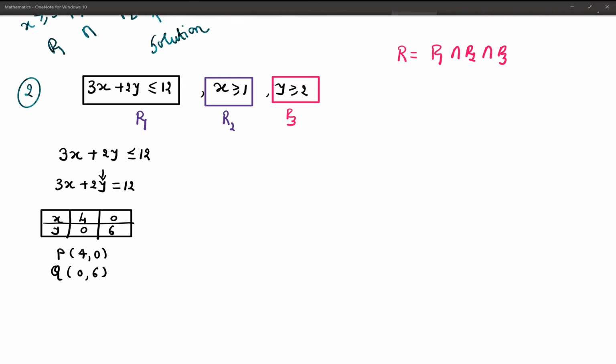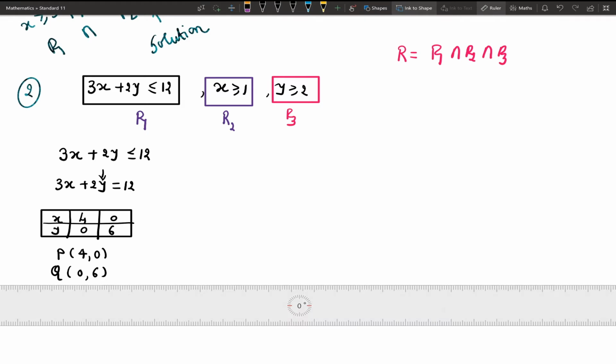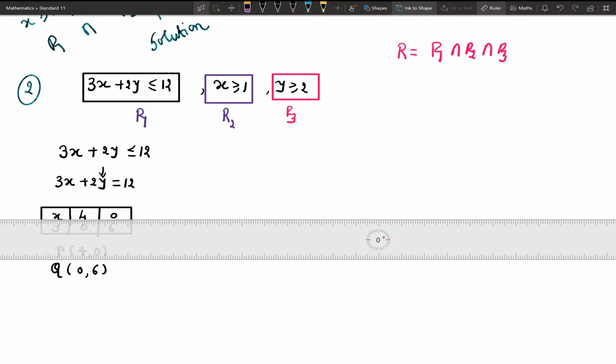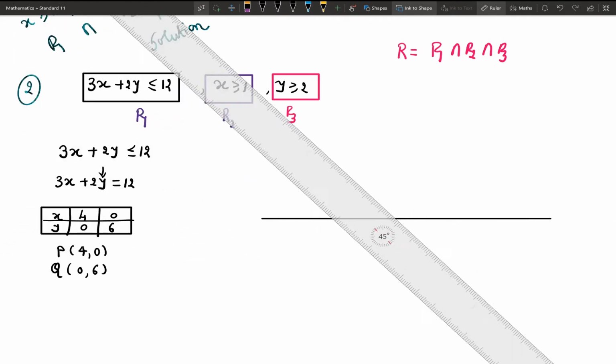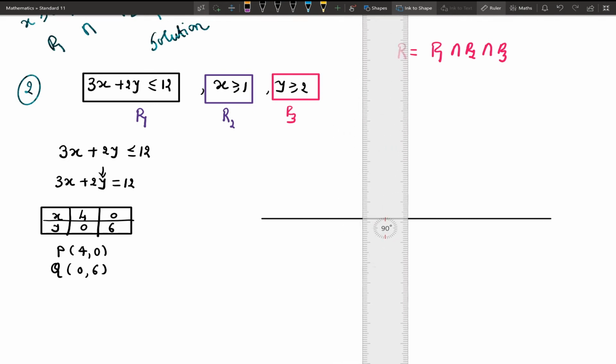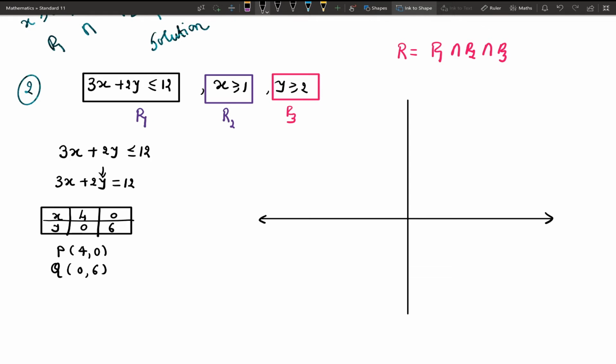So now, as usual, this is the x-axis, y-axis.